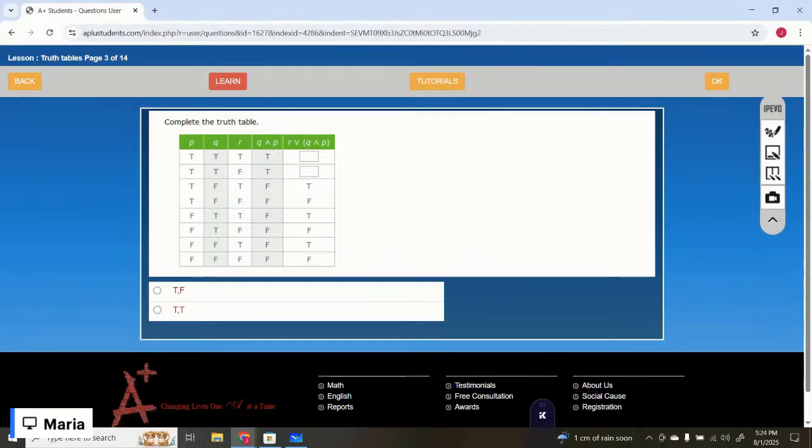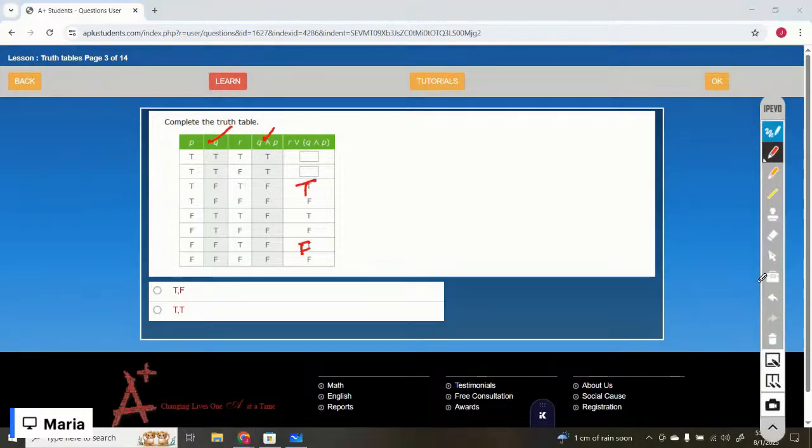Complete the truth table. R or Q and P. R or true, true, true.